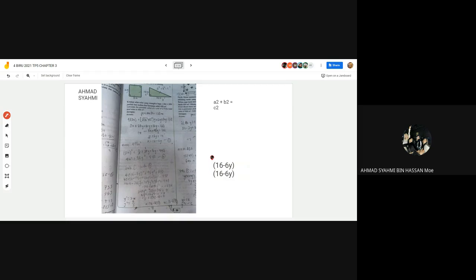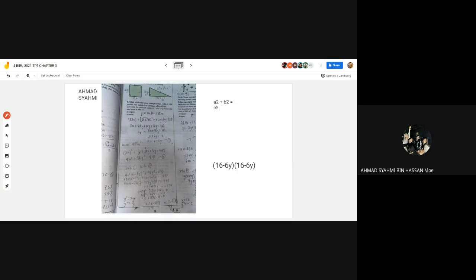Okay. This one you multiply together. So 16 times 16. Like this. 16 times 16, 16 times negative 6y, negative y times 16, negative 6y times negative 6y, you will get inside here: 256 minus 192y plus 36y square.